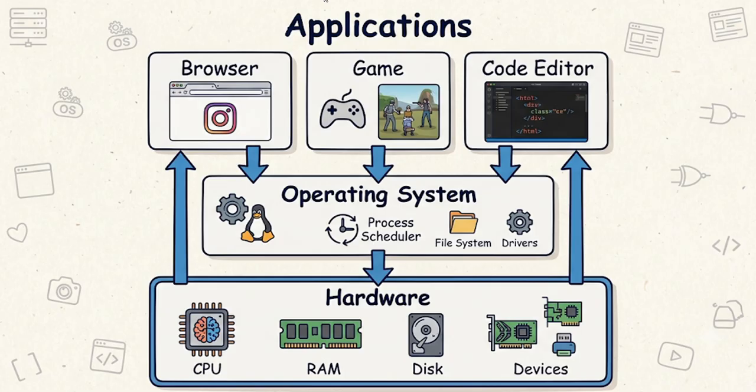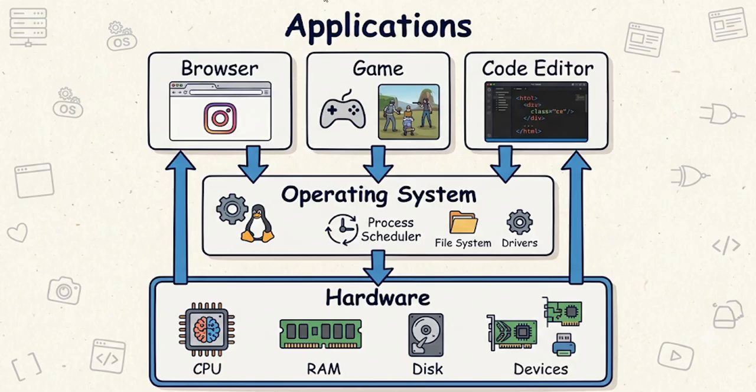Let's start with a simple picture. As you can see on the screen, at the bottom we have hardware, nothing but disk, RAM and CPU, and keyboard, mouse, network card. All these are physical parts of the computer. At the top, we have applications like browser, games and code editor, like any program you run. In between these two, we have an operating system.